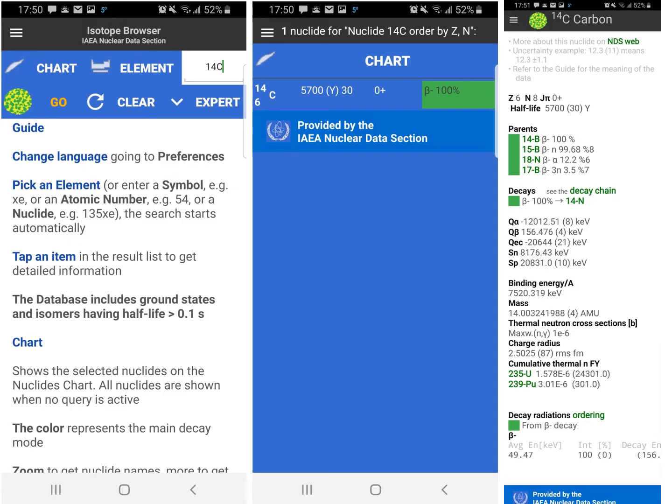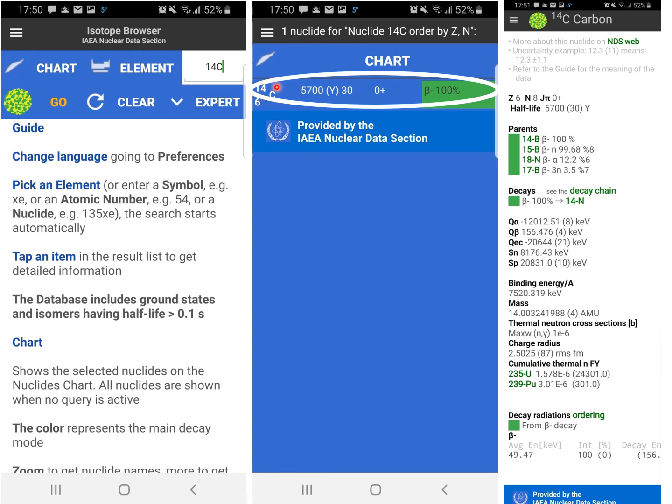If you had the isotope browser, the first thing you'd want to do is select the isotope you're interested in. So here carbon-14 is listed. You would then select Go, and that would bring you to this page.